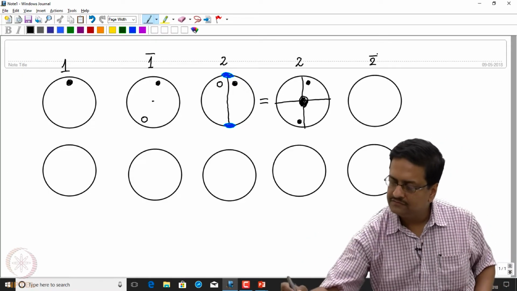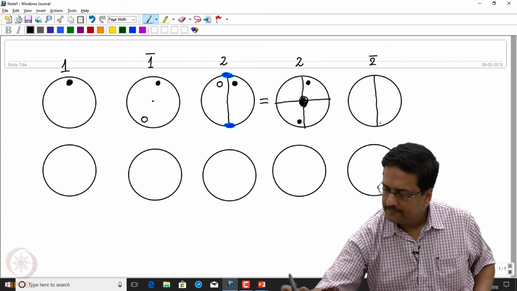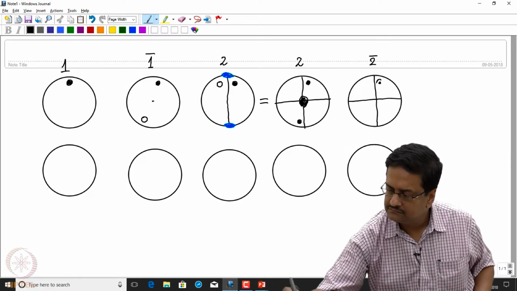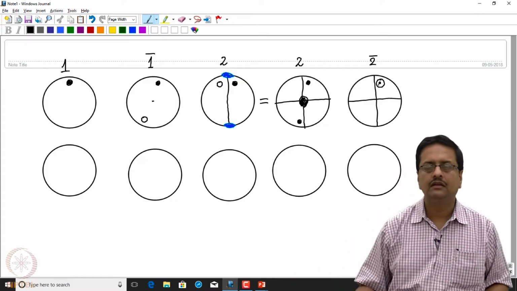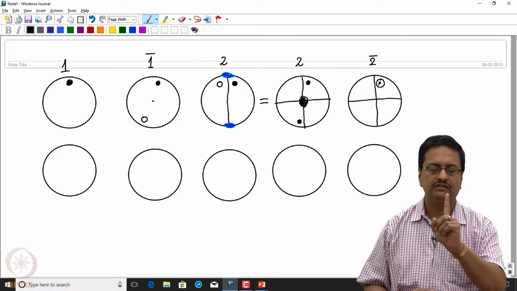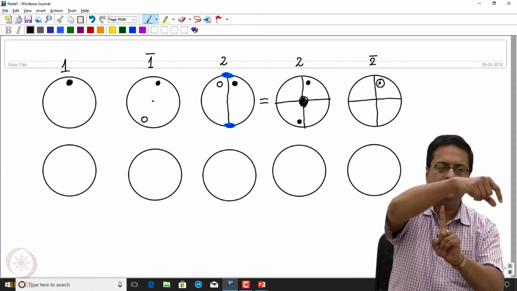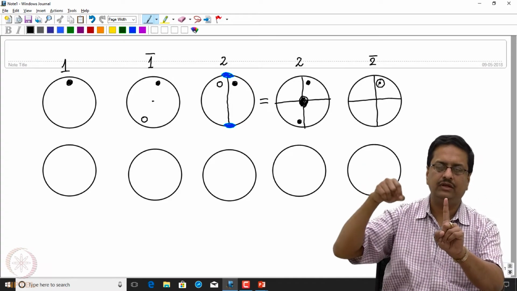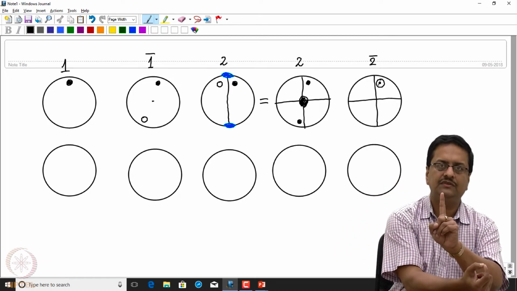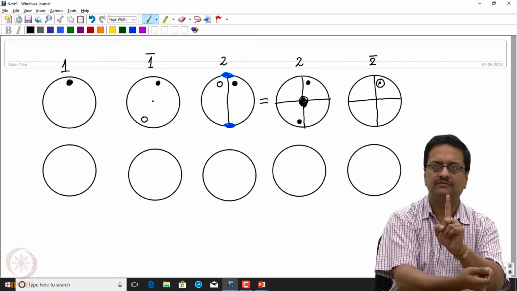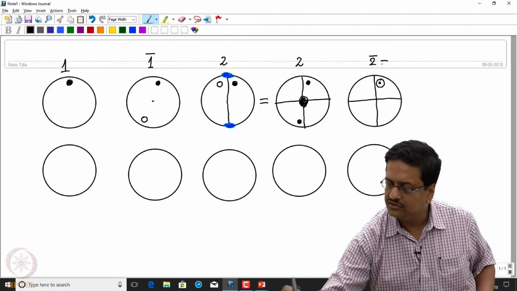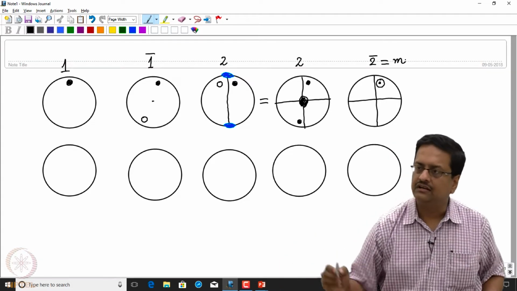So 2 bar should look like this. The closed circle and open circle are at the same place because you are rotating the point by 180 degrees and taking the inversion. So this inverted point comes at the same place as the original point, and that is why this 2 bar is equivalent to a mirror.